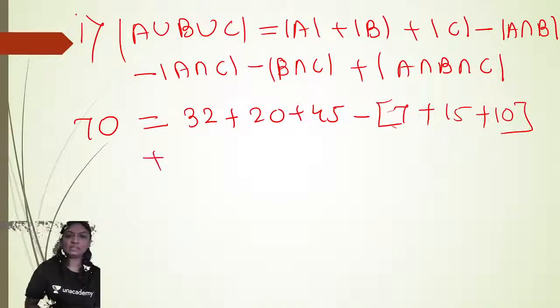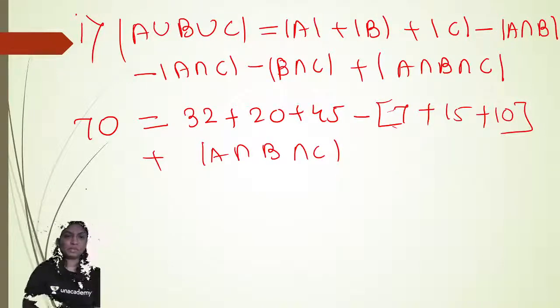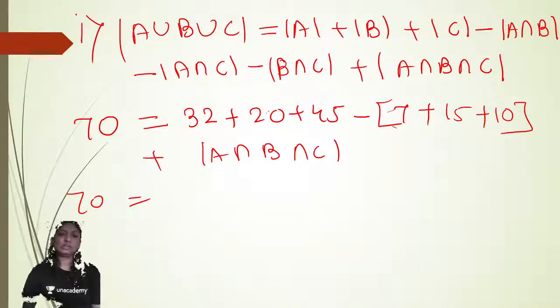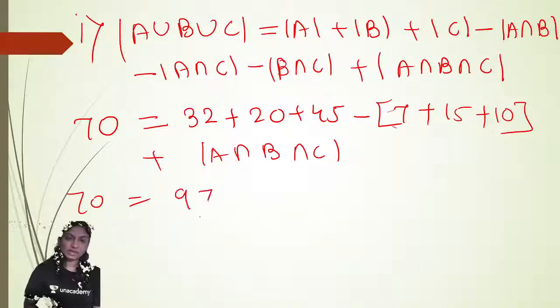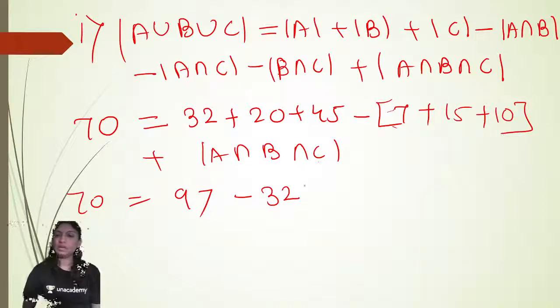And plus cardinality of A intersection B intersection C, which we have to find out. So 70 is equal to 32 plus 20, that is 52, plus 45, so 97, minus 15 plus 10, 25, plus 7, 32, right?